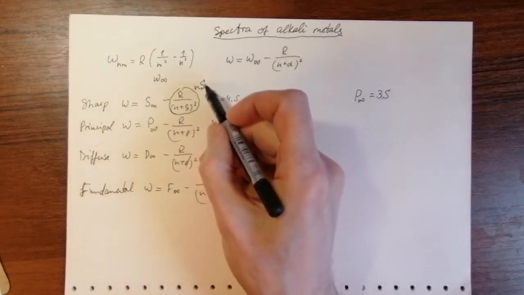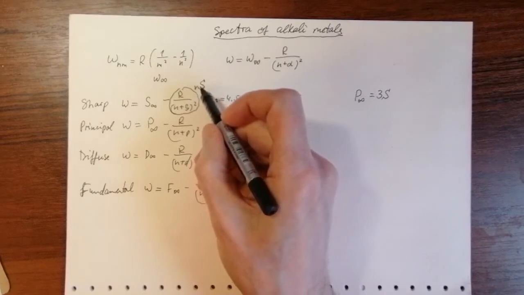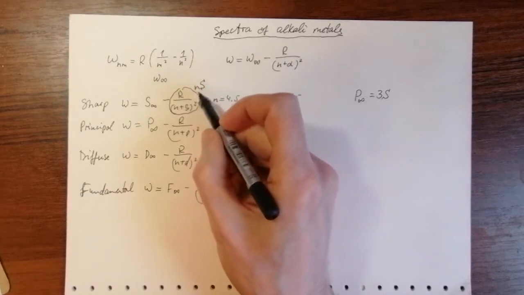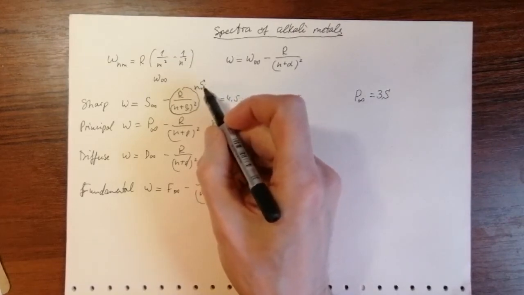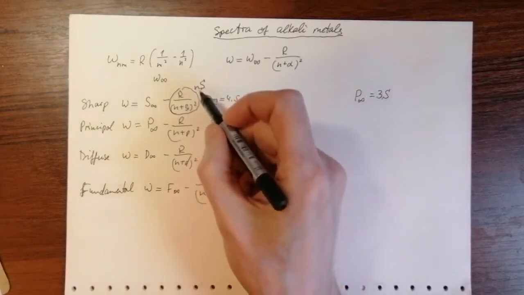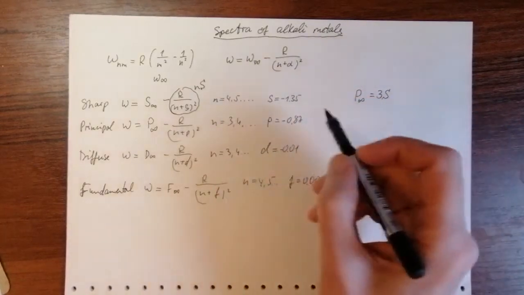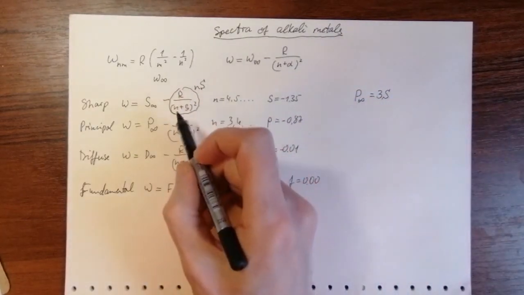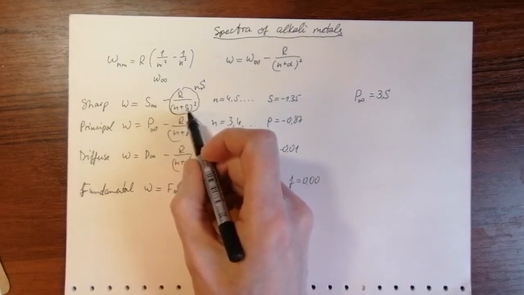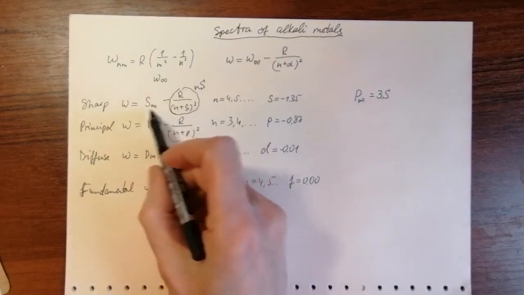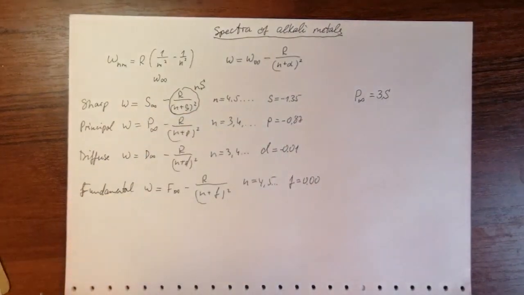Look, ns does not mean that n is multiplied by s. It is not multiplication, it is a symbol. 3s means R divided by 3 plus s squared, and it corresponds to the sharp series.